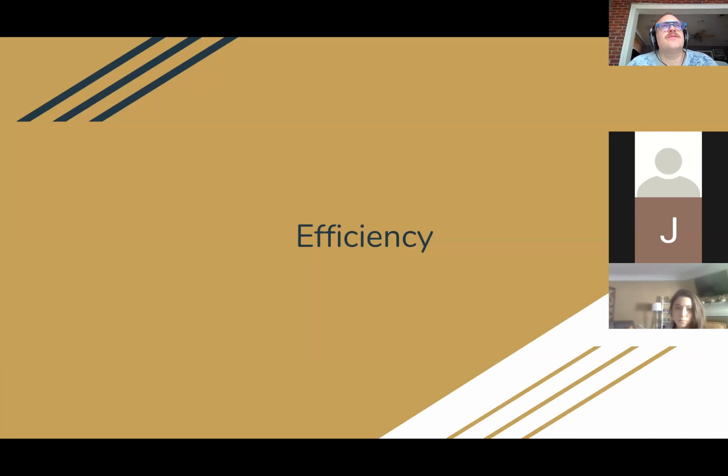So today we're going to talk about efficiency with circuits. The thing that computer engineers are concerned with, or just circuit designers in general, is not necessarily finding a functional circuit. It's finding an efficient functional circuit.